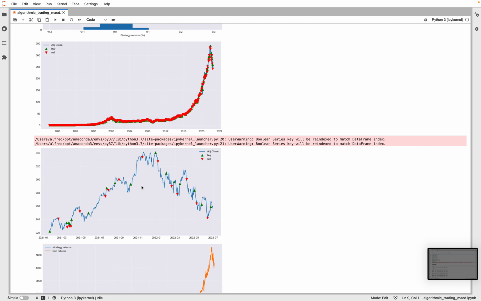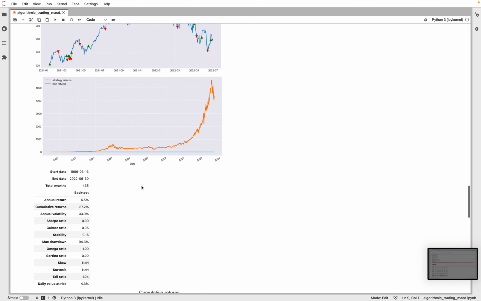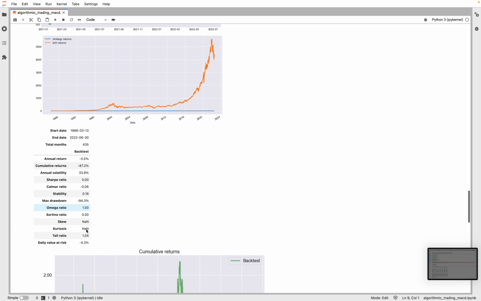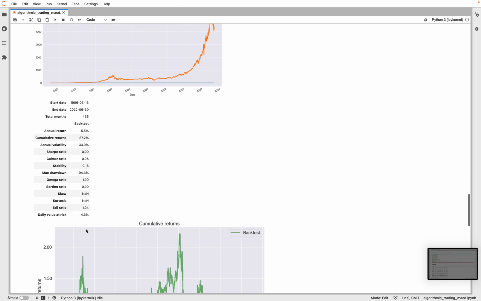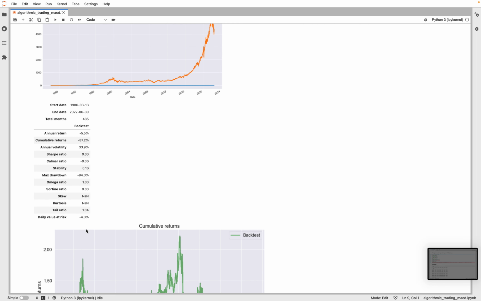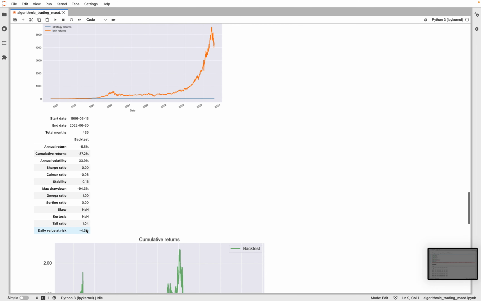So it doesn't really make sense. So we got a pretty bad Sharpe ratio of 0 and a maximum drawdown of 94%. I'm not too sure if there is anything wrong with my implementation, since we got a pretty bad performance.